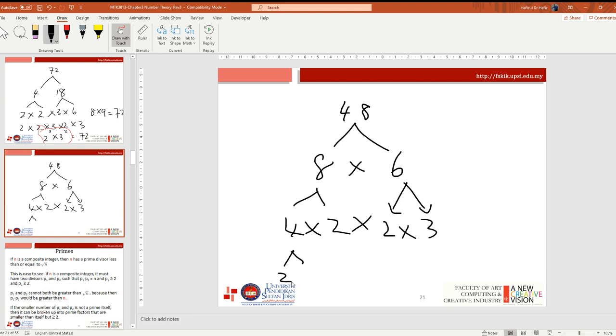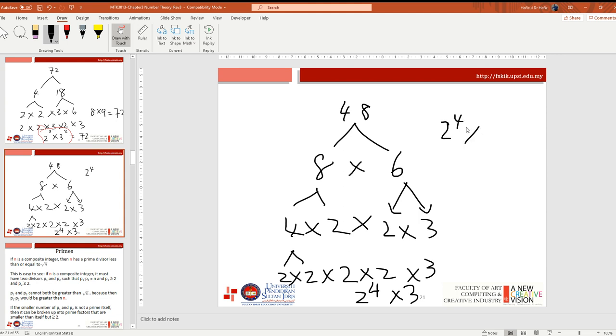And here we get 2 multiplied by 2 multiplied by 2 multiplied by 2 multiplied by 3. Then we get 1, 2, 3, 4, so 2 to the power of 4 multiplied by 3. This we call prime factorization.